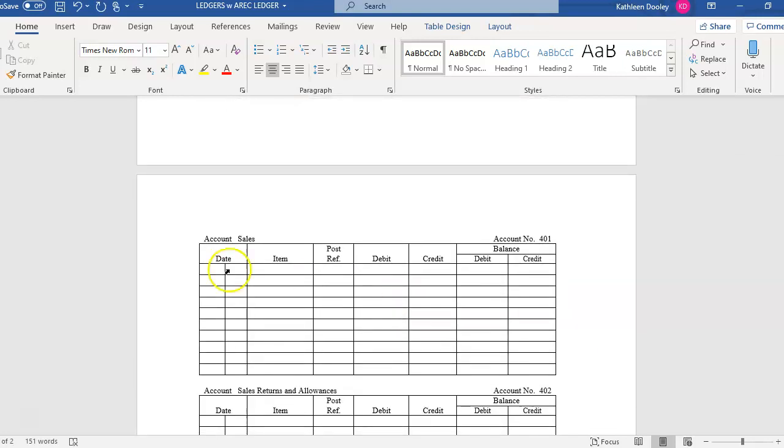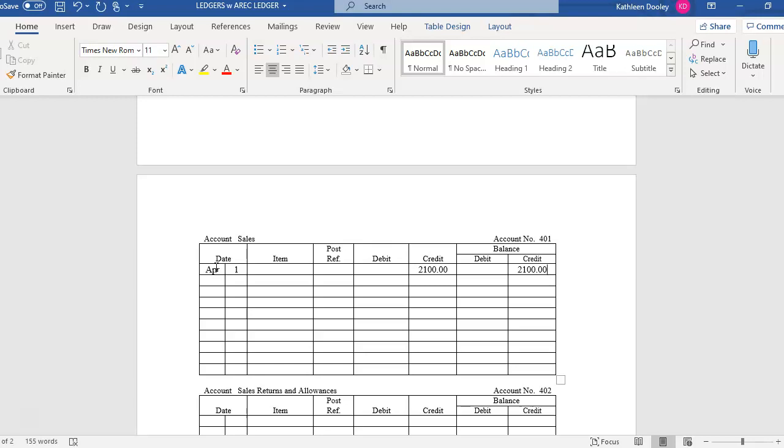Okay, here's my sales account. I have April 1st. That was a credit of $2,100. And my new running total balance, since there was no previous balance, my new running total balance is $2,100 credit.